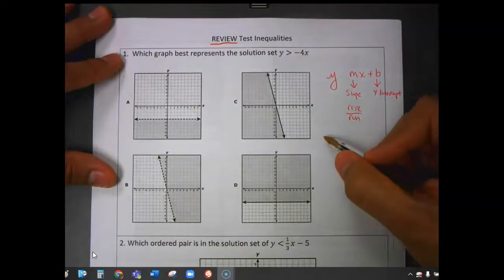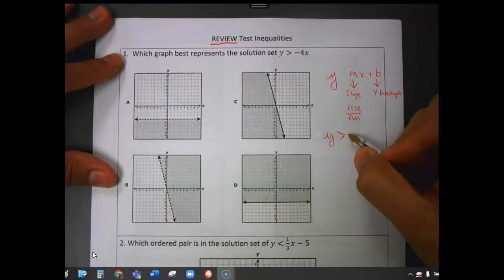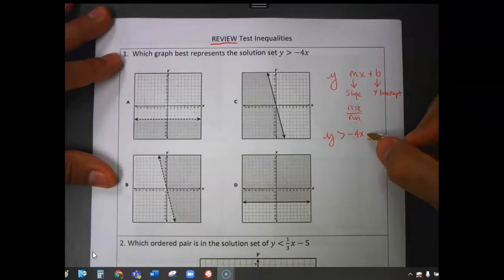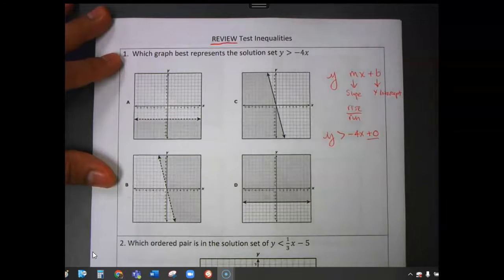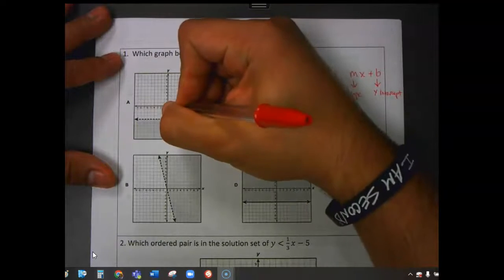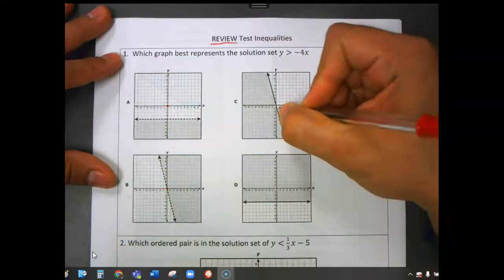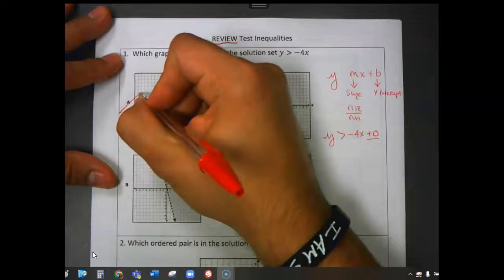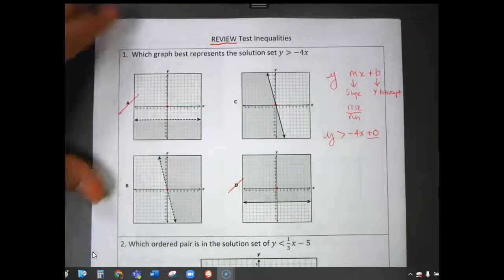Now, if we have y greater than negative 4x, if there's nothing here, that means your y-intercept is 0, okay? So it needs to go through the point 0 on the y-axis, (0, 0). If I'm looking at all these graphs, the only ones that go through (0, 0) are C and B. A and D do not work, okay?